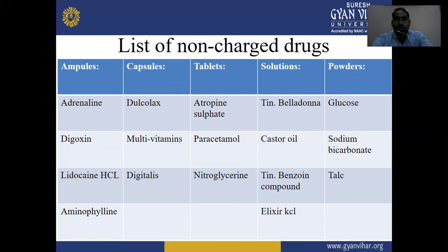List of non-charged drugs. These are divided into five categories. The first one is ampoules, second is capsules, third is tablets, fourth is solutions, and fifth is powders.